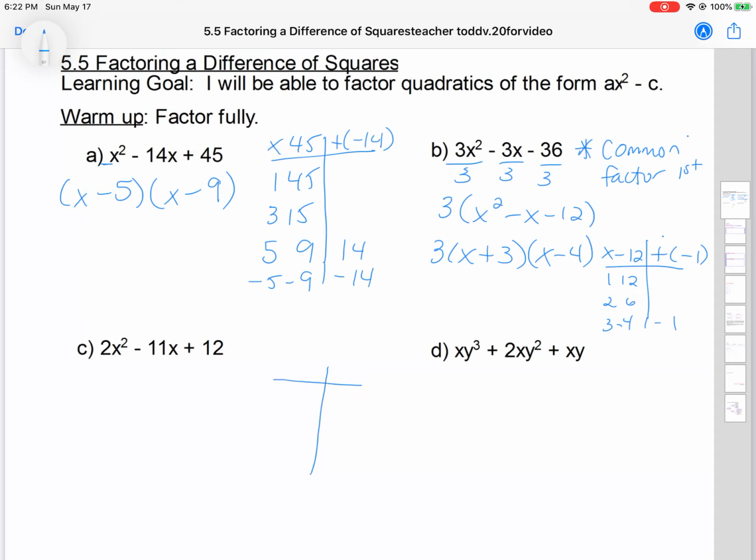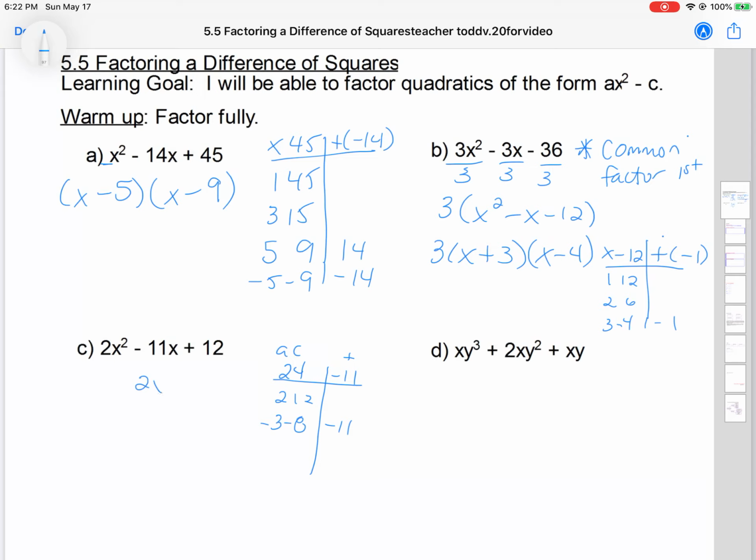When you do that, A times C is 24, which multiplies to give 24 and adds to give negative 11. 24 does have quite a few factors. But again, 1 and 24 is probably not going to work here. 2 and 12, no. 3 and 8, oh. If we do negative 3 and negative 8, we'll get negative 11.